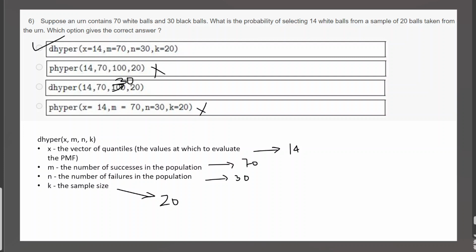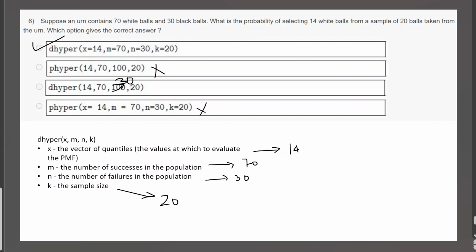When we take 20 balls from the urn, out of which 14 should be white, it is like sampling without replacement. Without replacement means it follows the hypergeometric distribution. They are asking for 14 white balls from the sample of 20 balls selected, so 20 balls in total are being selected.